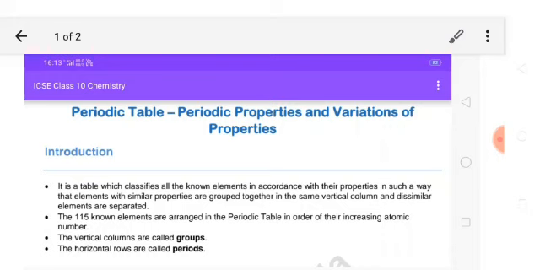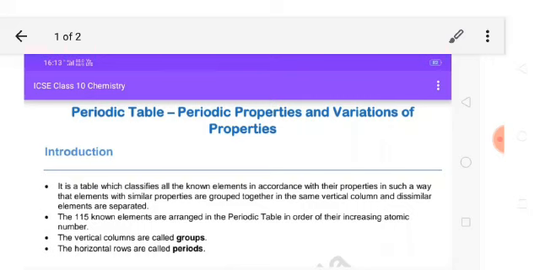It means that elements with the same properties will be grouped together in the same vertical column, and dissimilar elements are separated. The elements that are dissimilar will be separated into others.